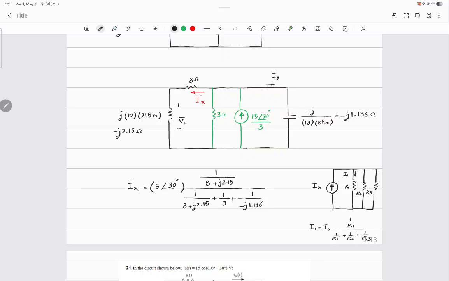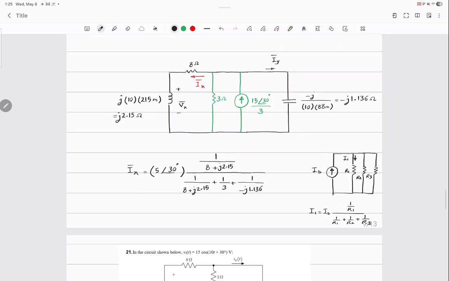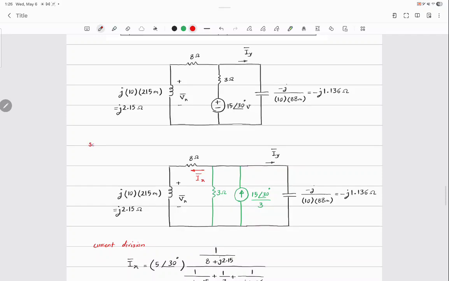That is Ix. So this is current division. Source transformation.